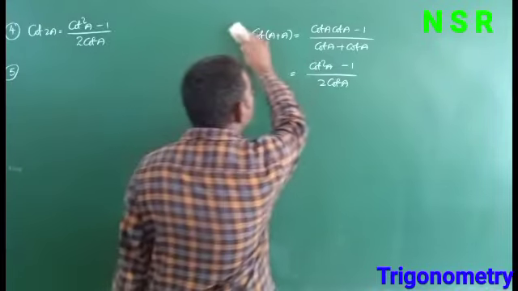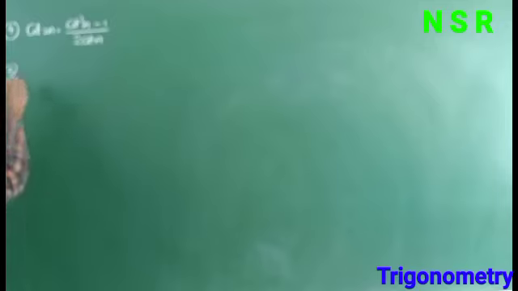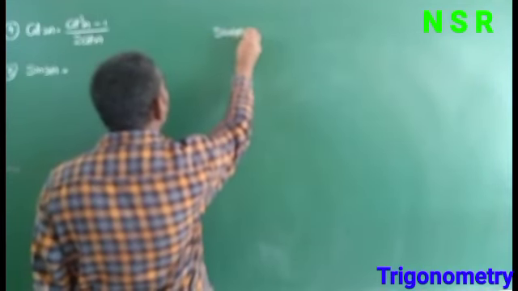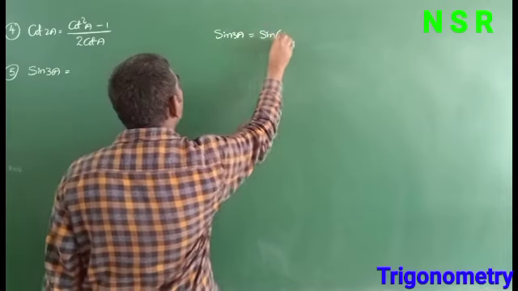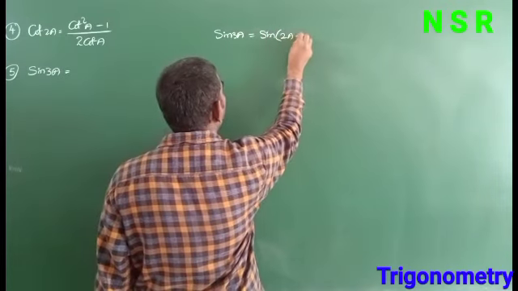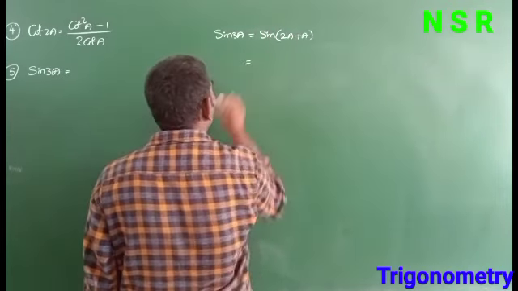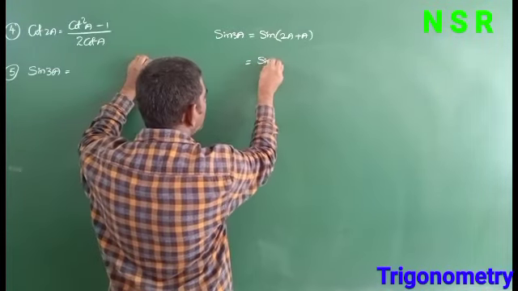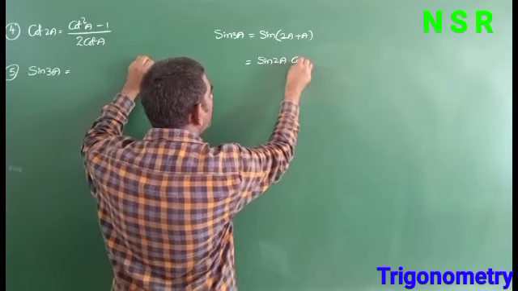So next, sin 3a. The next submultiple formula is sin 3a. How to get the sin 3a formula? We can write sin 3a as sin of 2a plus a. Now apply the sin a plus b formula, sin a cos b plus cos a sin b.